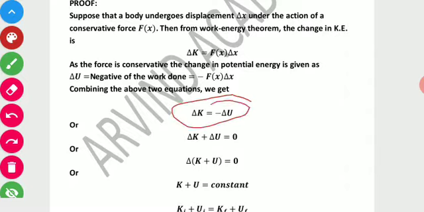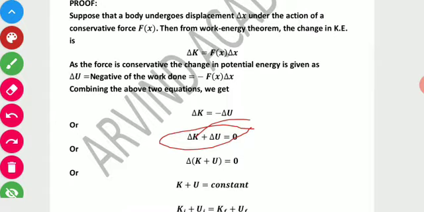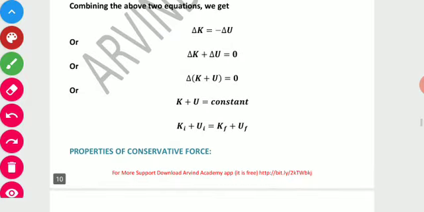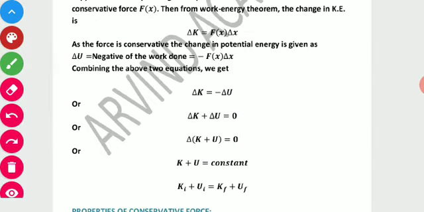Combining the two equations, we have delta K is equal to minus delta U, or delta K plus delta U is equal to 0. So here we can easily see that if we integrate this, then we will get the equation K plus U is equal to constant. That is, kinetic energy plus potential energy is constant. So this is the work energy theorem.